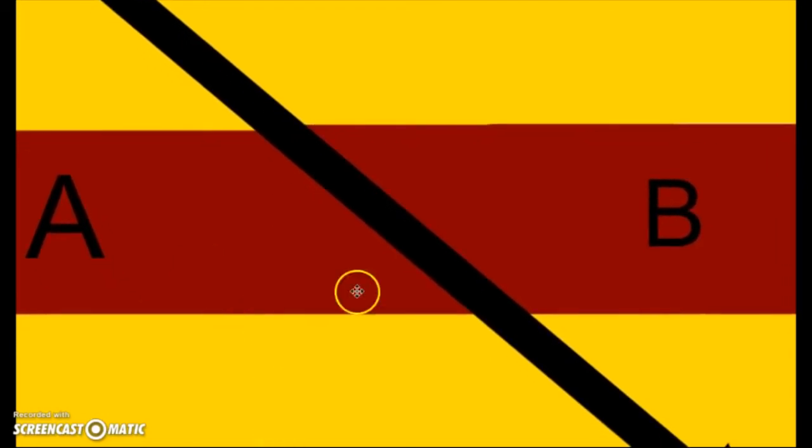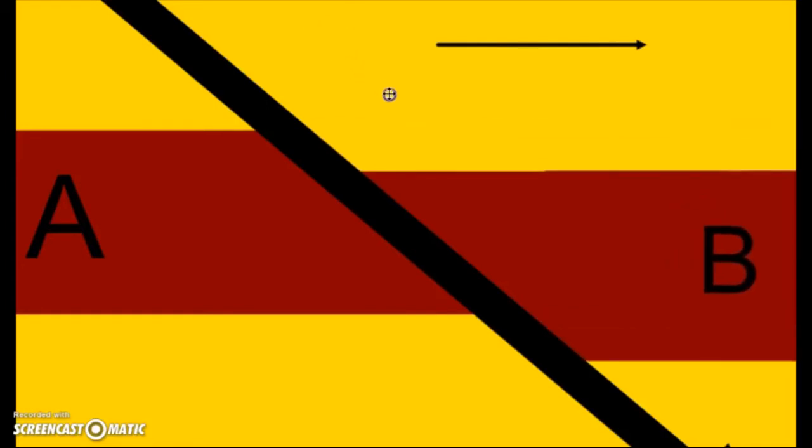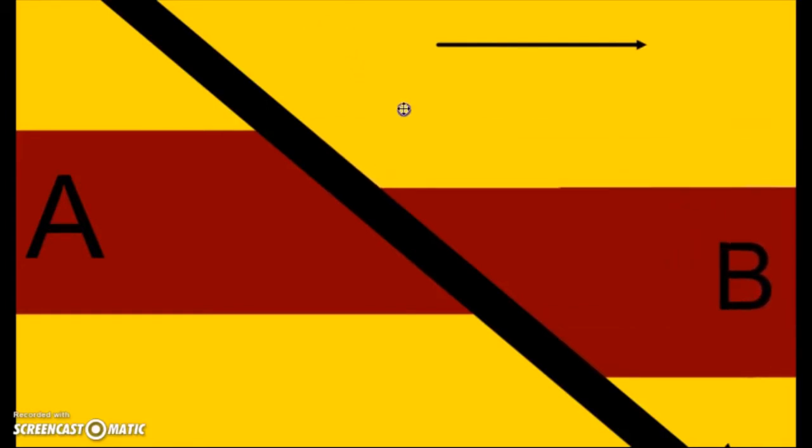So in the case of normal faults, tension is pulling B this direction. Okay, so if B is moving in that direction, it's going to slide down A, and you'll end up with something like this. So tension caused a normal fault in this case.